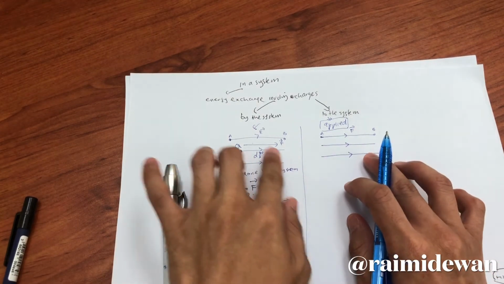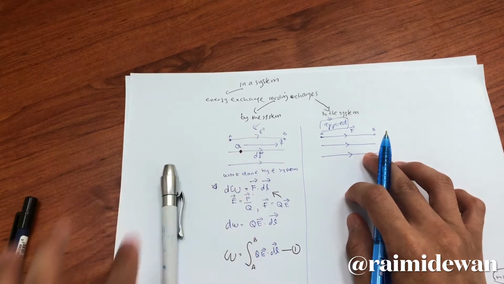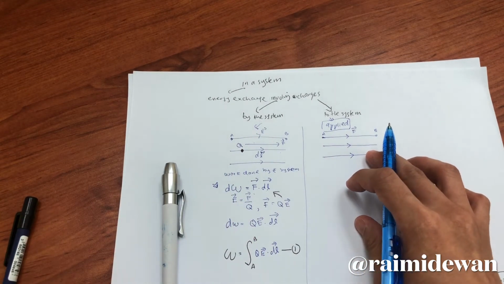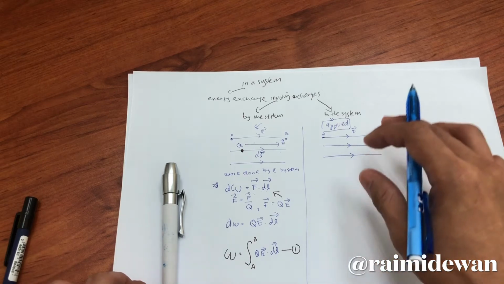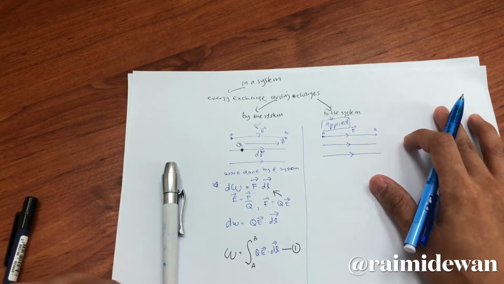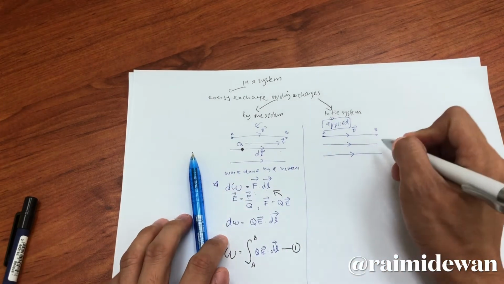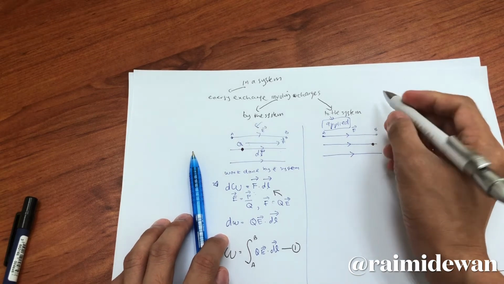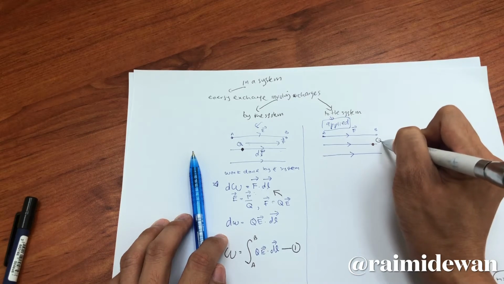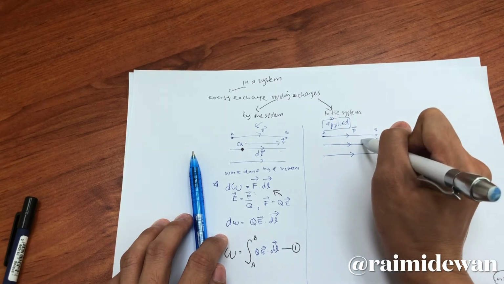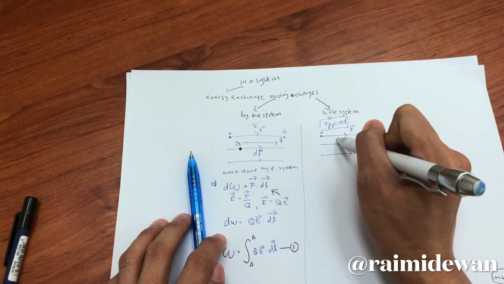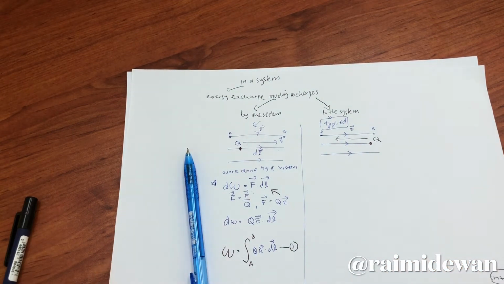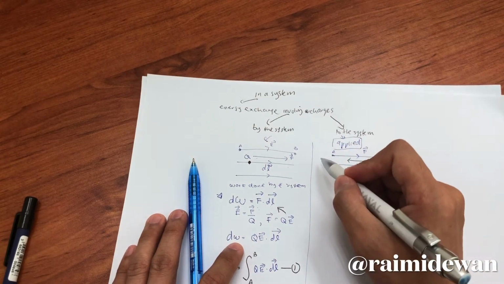However, now in contrast with the previous case, we apply a force to the system, so that the point charge Q is now moving in the totally opposite direction, because this is an external factor.